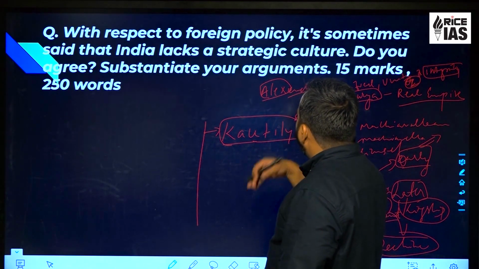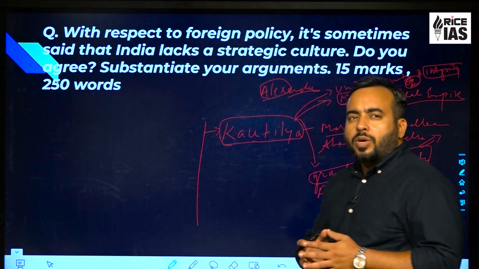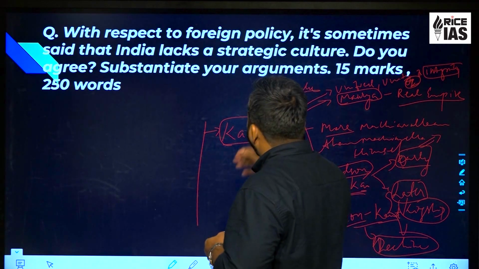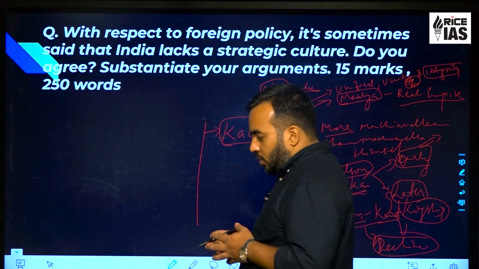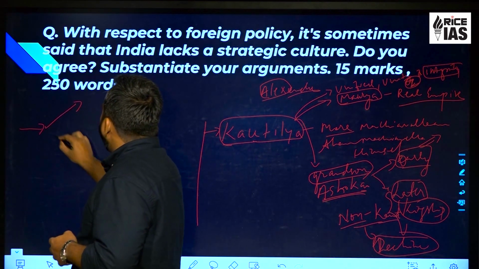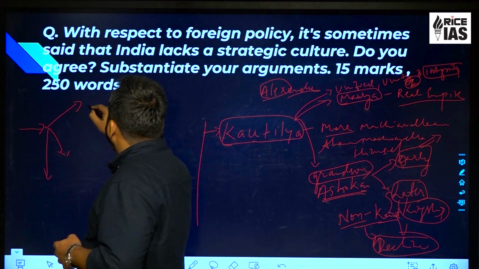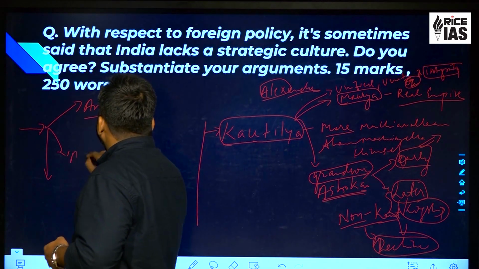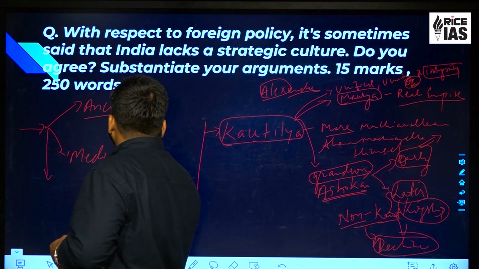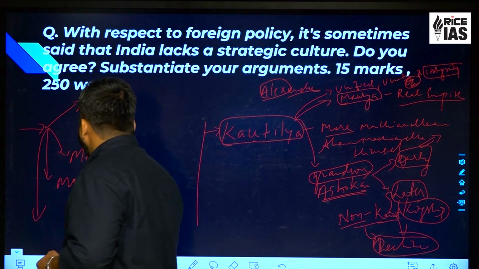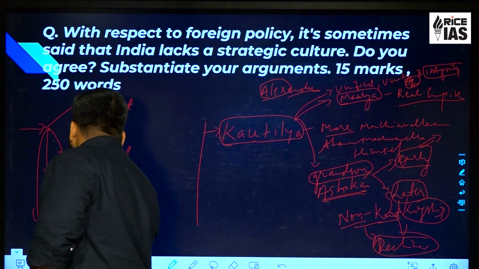But before and after Kautilya, can we look at certain examples? We do have certain examples even before Kautilya. So we can probably come up with the answer by talking about the past and the present. Past in ancient India, medieval, modern, and then recent decades.